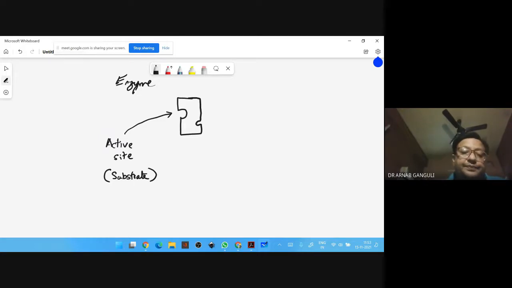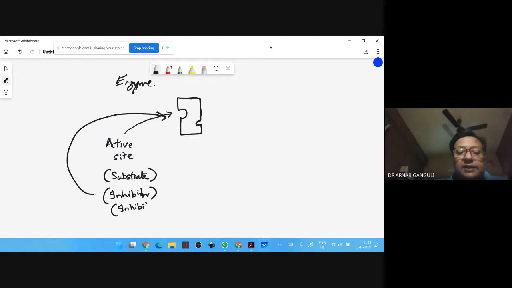But if you add a molecule known as an inhibitor, it will also bind to the active site and it will inhibit enzyme activity.